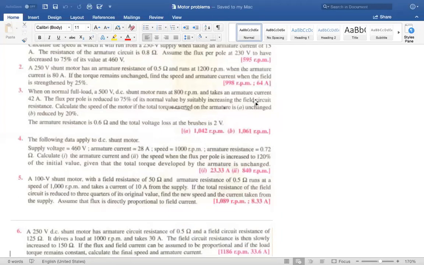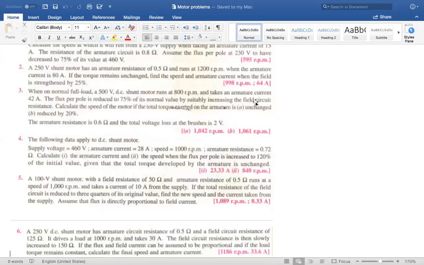Okay, let's look at number 5 of these exercises. It says a 100 volt shunt motor has a field resistance of 50 ohms and an armature resistance of 0.5, and the speed is 1000 revs per minute, and the load current is 10 amps.